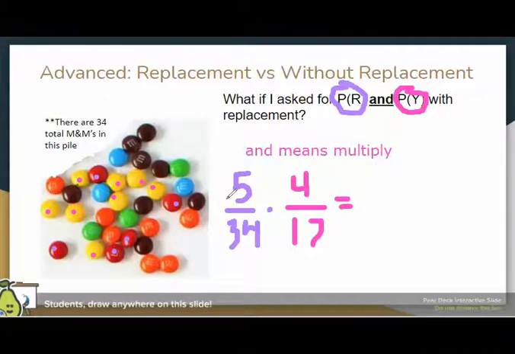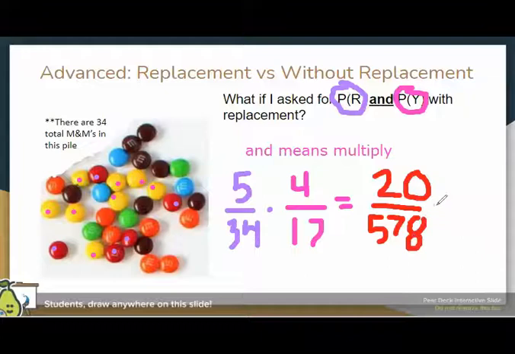We'll do red. So 5 times 4 is 20. When we multiply, you get 20 over 578. And that's 34 times 17. Then we want to simplify this because both can be divided by 2. So you get 10 over 289.